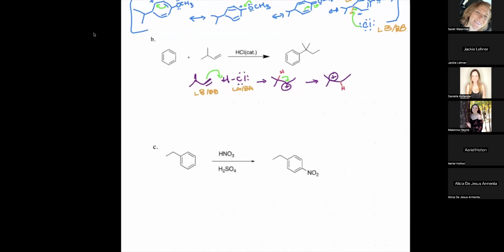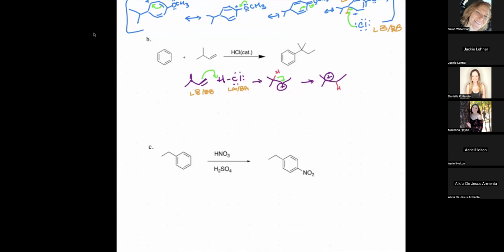Okay. So then we add our electrophile to our benzene ring. And so then we have this come in here. Okay, and then we'd have our resonance structures.